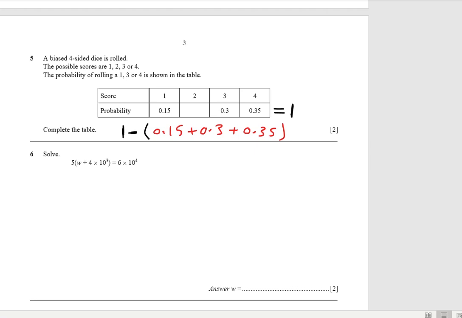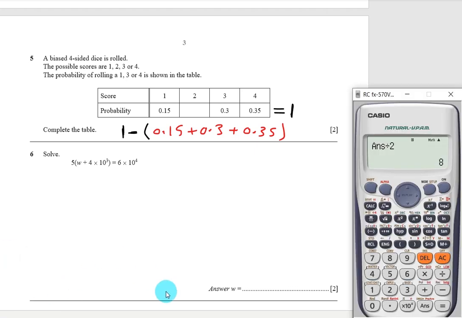Okay, let us start to use our calculator. 1 minus, open the brackets, 0.15 plus 0.3 plus 0.35.